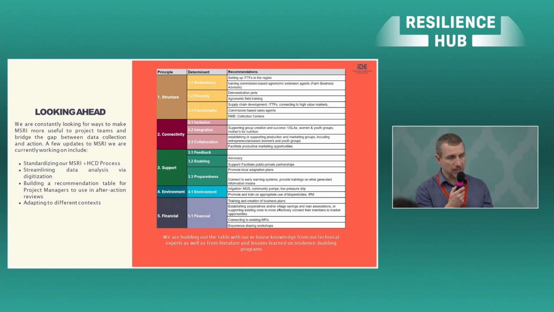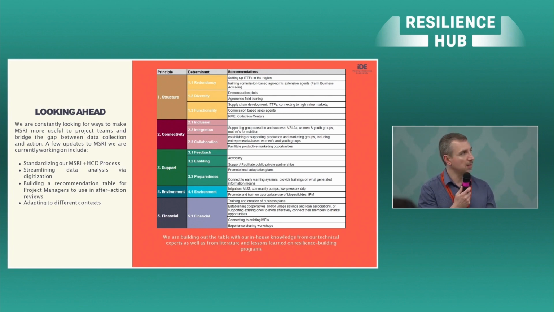So it becomes certainly not automated, because it will need to be adapted to the context, but at least puts more tools and information in the hands of these project managers so that they can say, well, maybe it's a farmer field school that would help this the most, or maybe it's a cash transfer or some other activity. But it means that they can have that at their fingertips, not just say, well, okay, what do I do now that I see the financial inclusion is low, help me.